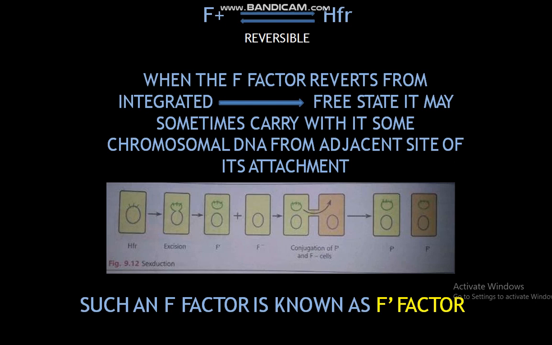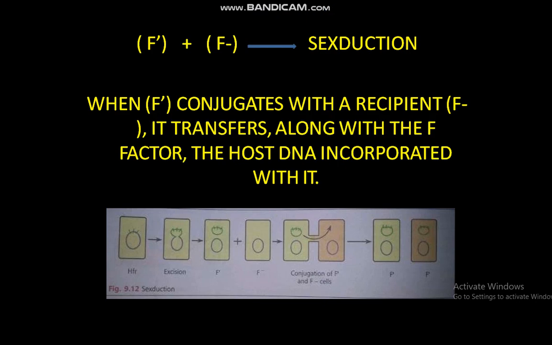Such an F factor is known as F prime factor. Now, F prime plus F negative equals sexduction. It means when F prime conjugates with the recipient F negative, it transfers along with the F factor the host DNA incorporated with it.